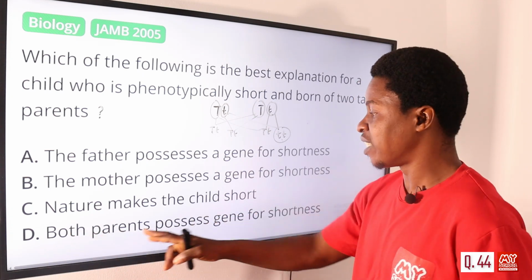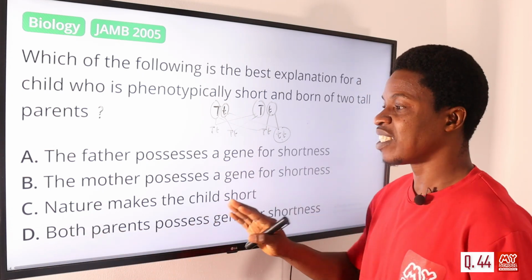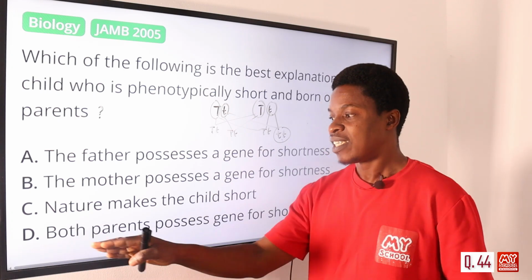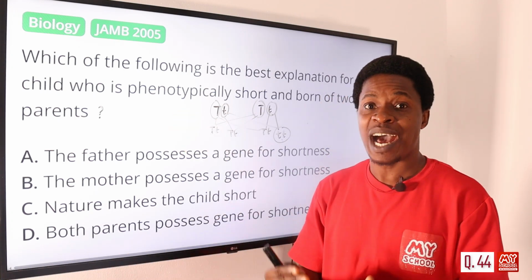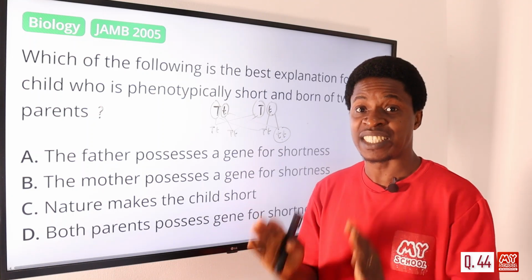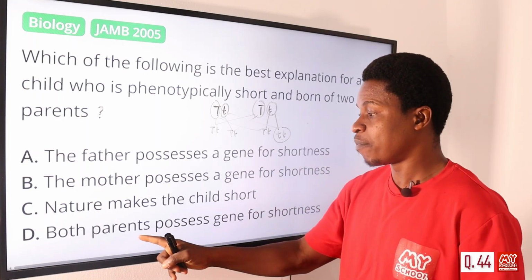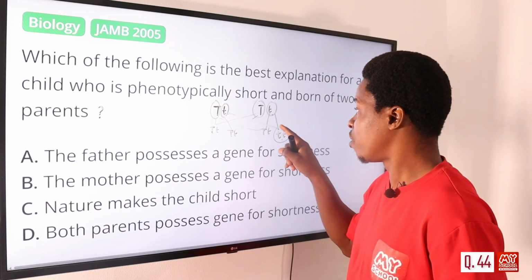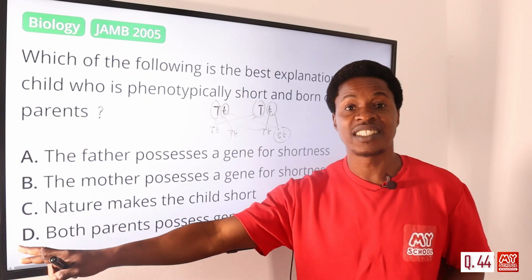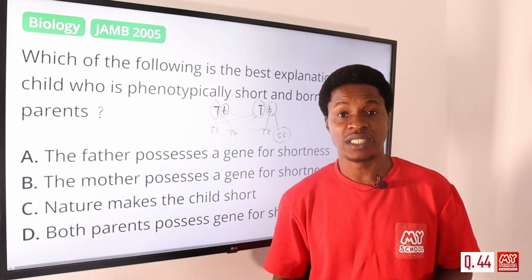Option D says both parents possess gene for shortness. Most likely it is that, because all those other factors are just one-off. It's not something that happens on and on. But we are talking about an ideal situation. So both the father and the mother must possess a gene for shortness. That's why we have it here. One of the children will be that. So the correct answer actually is option D.